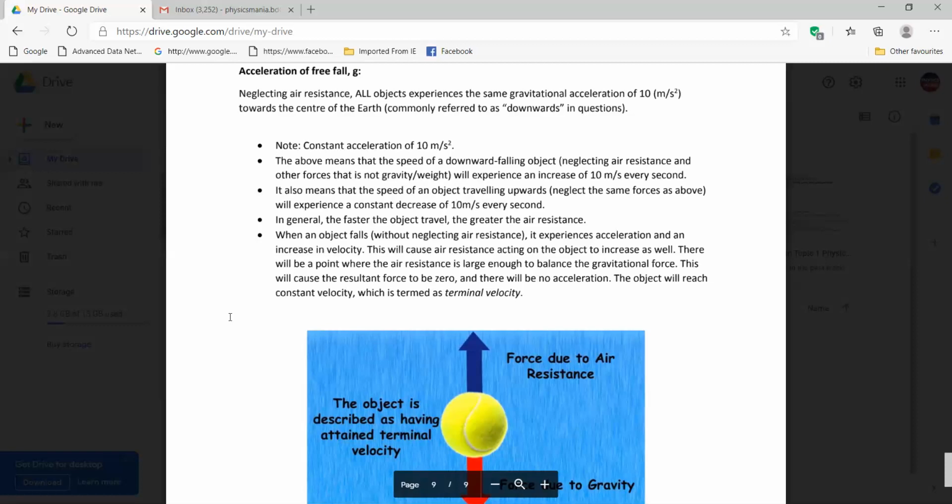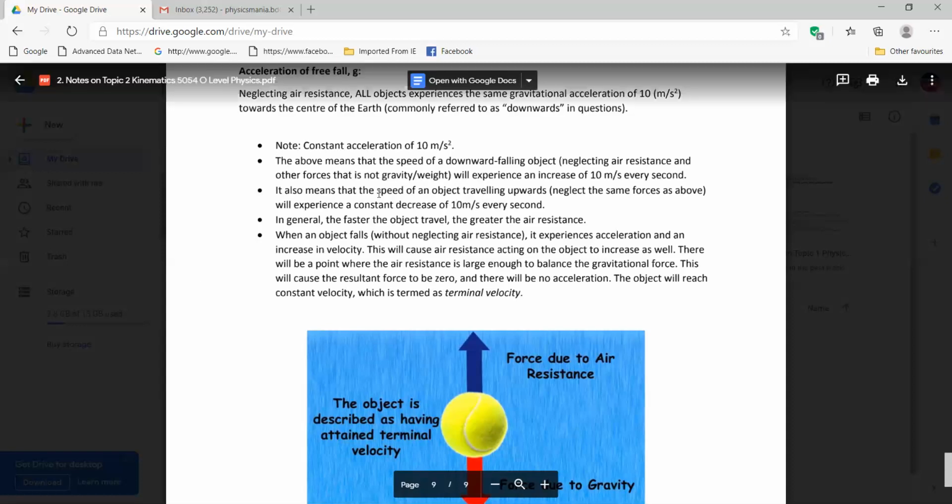The above means that the speed of a downward falling object, neglecting air resistance and other forces that are not gravity or weight, will experience an increase of 10 meter per second every second. You see here we have 10 meter per second square, so you can say 10 meter per second every second.